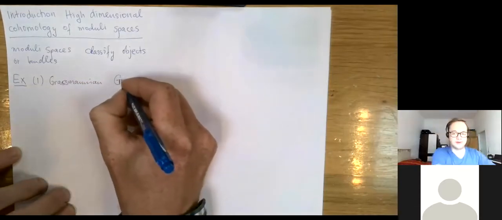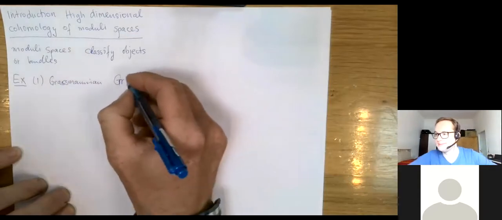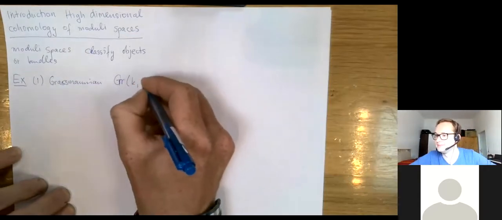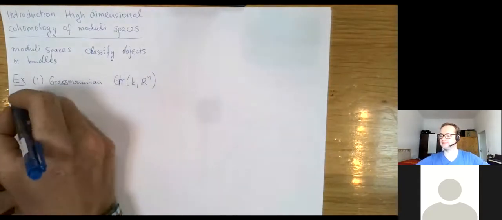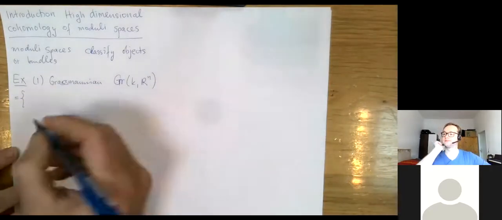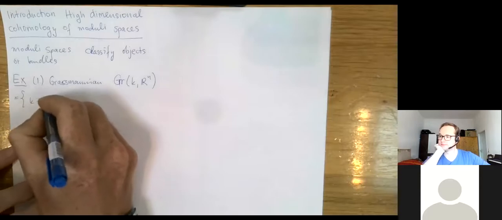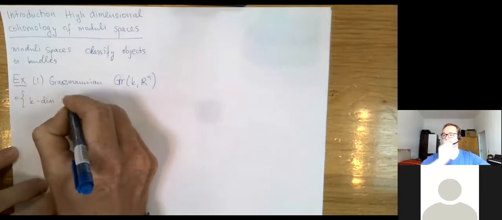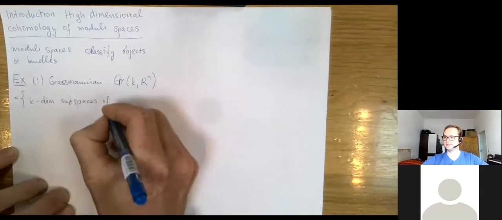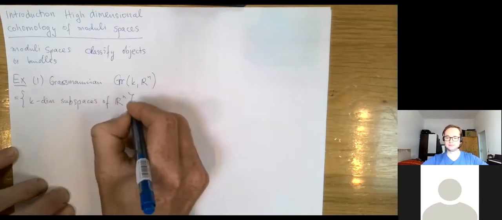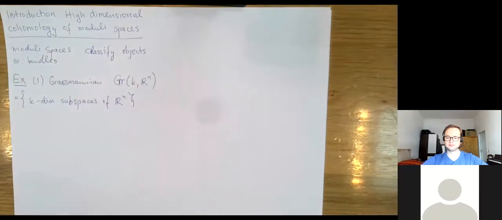Gr_k(R^n) is, as a set, the k-dimensional subspaces of R^n. And you can give this space a topology and even an algebraic structure.